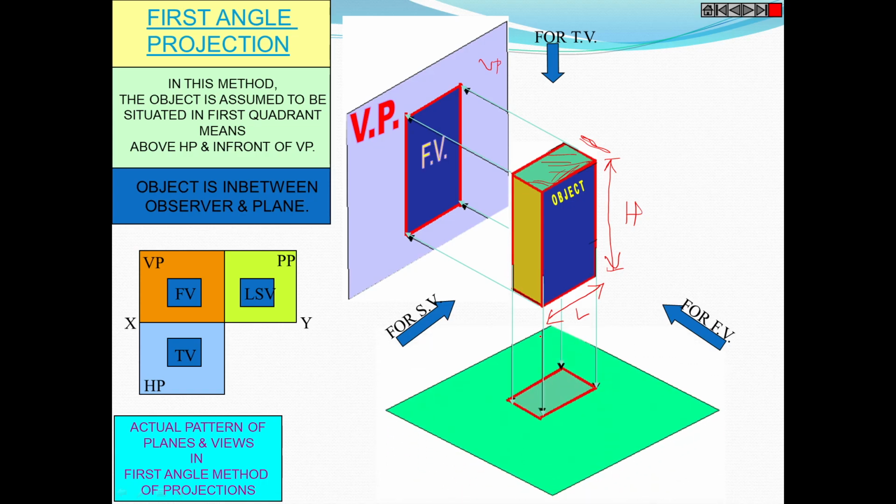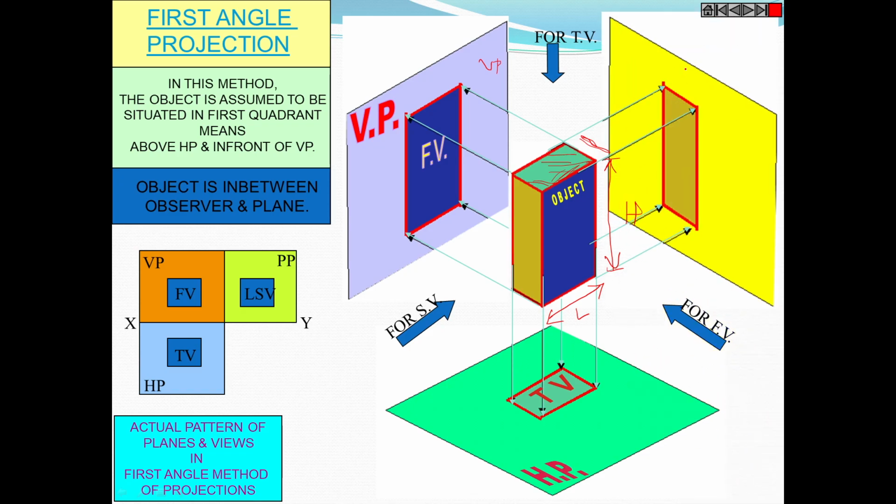For the side view, these are the projections, again perpendicular to the object and the plane, and we get the side view on the profile plane, which is perpendicular to both the principal planes. This plane is perpendicular to the vertical plane as well as the horizontal plane.